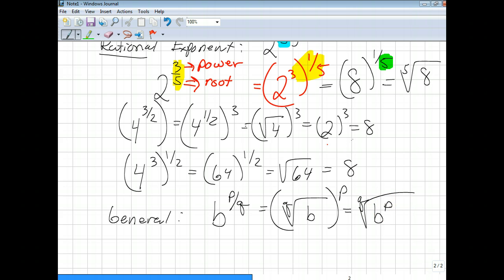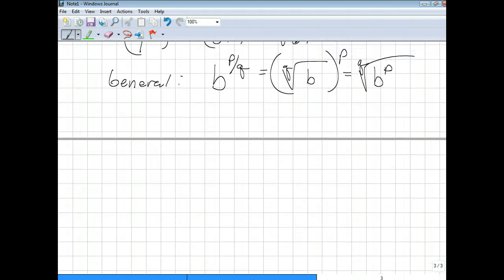Okay, so let's look at some examples with numbers.